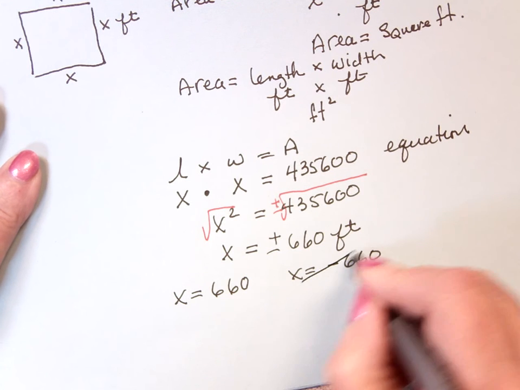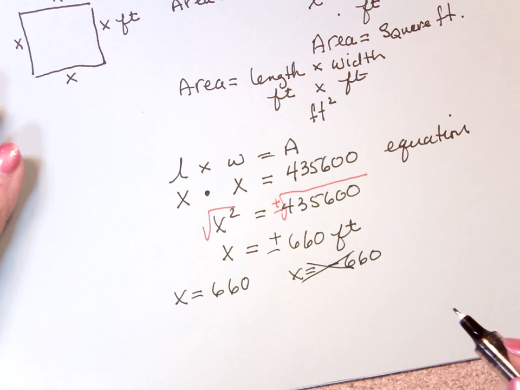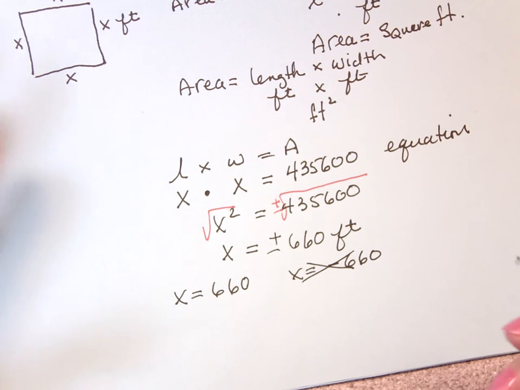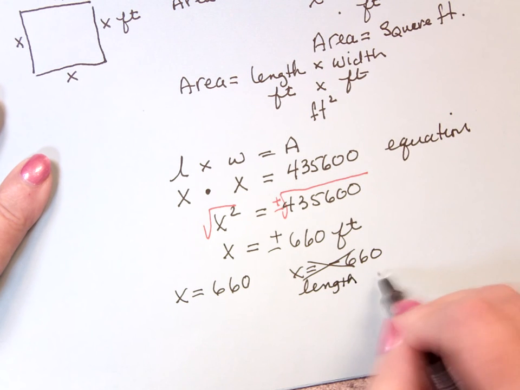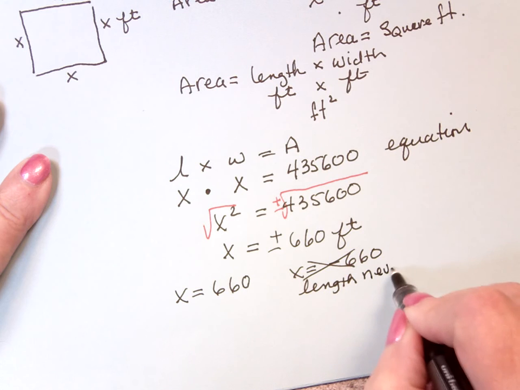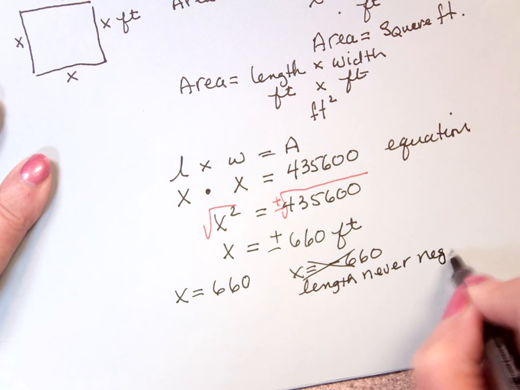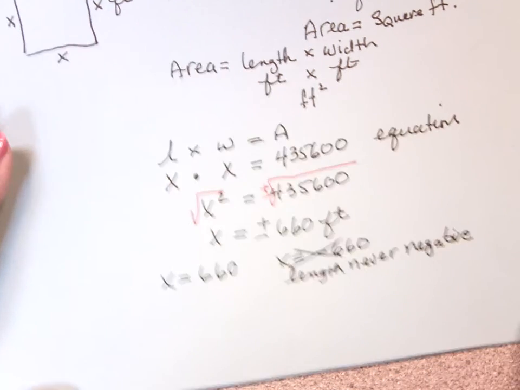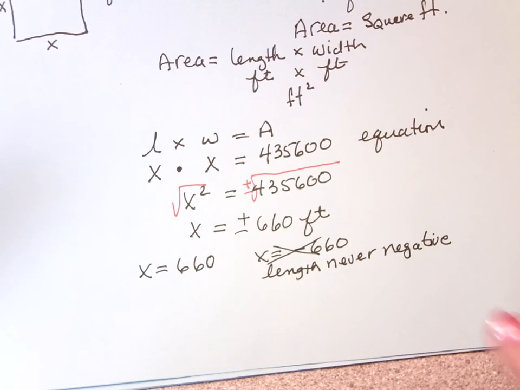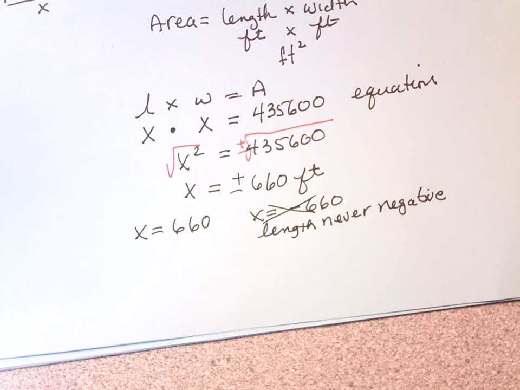The negative. Why not? You can't have a negative length, right? So length is never negative. Now, mathematically speaking, that plus and minus is always there. It's just in the context of an application problem, a negative length makes no sense.